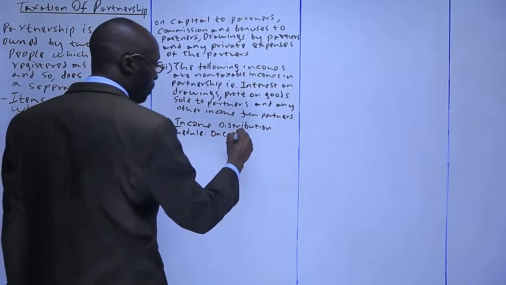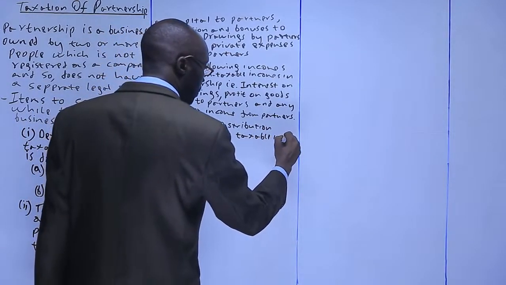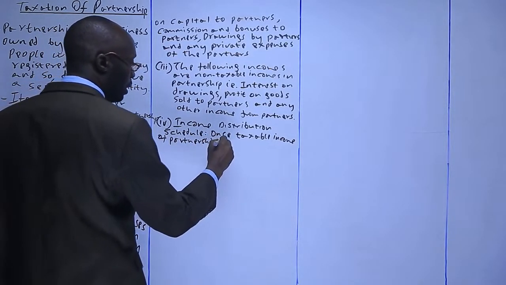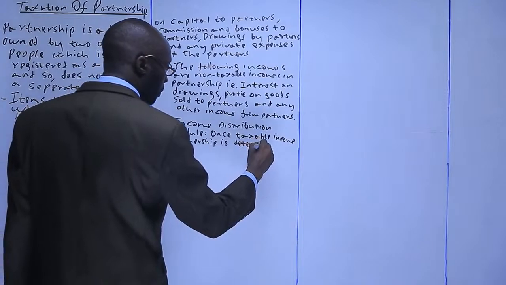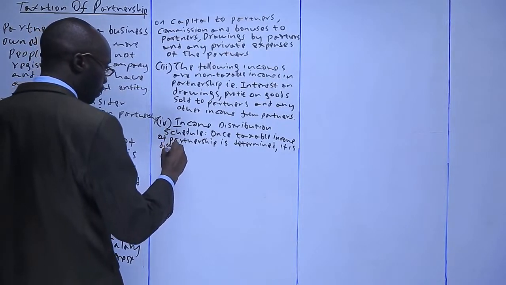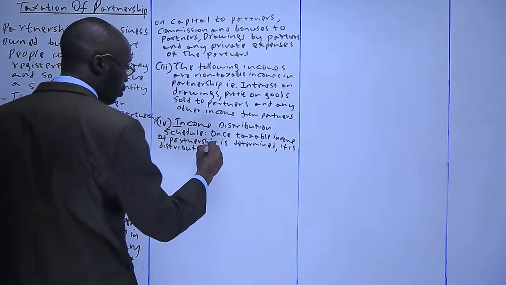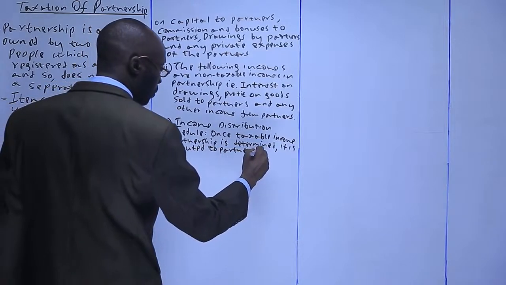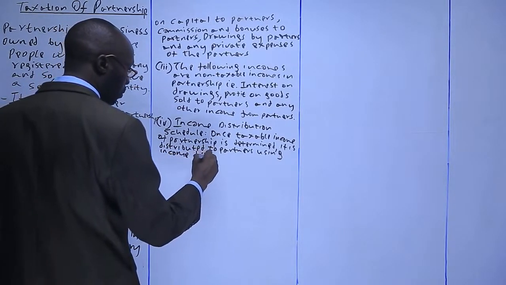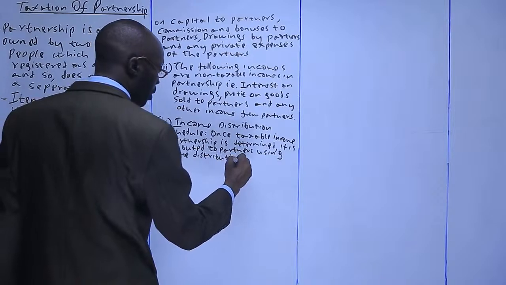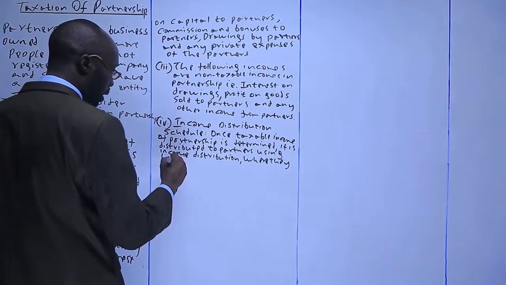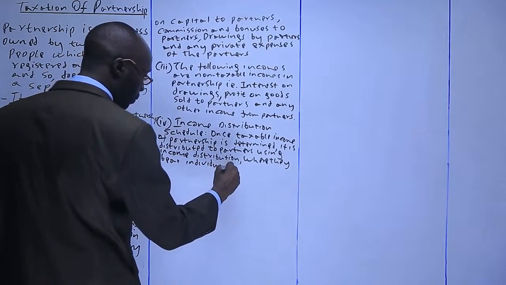Once taxable income of partnership is determined, it is distributed to partners using income distribution schedule where they bear individual tax burden.